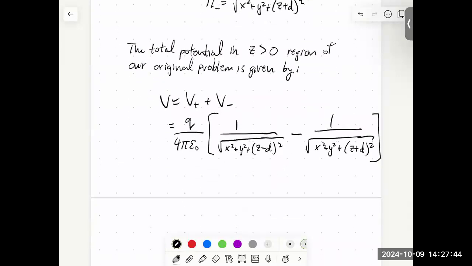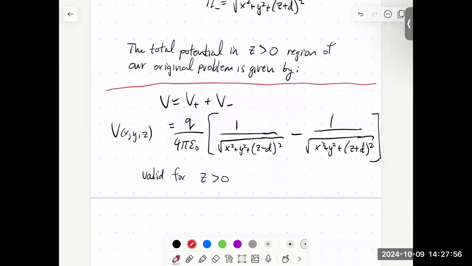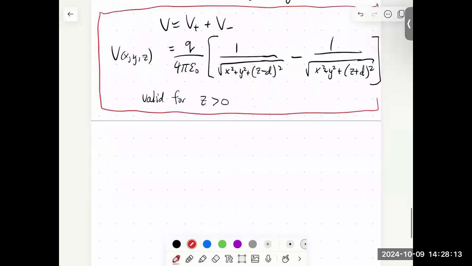So this is the potential which is valid for z greater than 0. And that is the essence of the method of images: finding a configuration of charge that's easier to work with and fulfills the same boundary conditions.